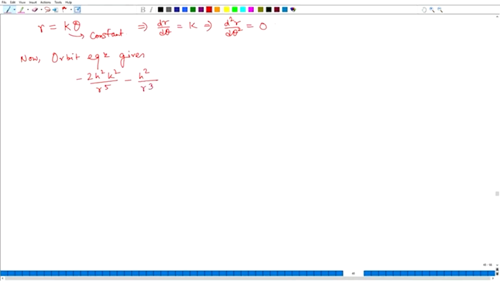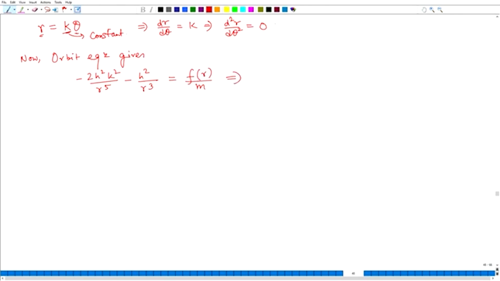You see the expression is not bad, because k has a dimension of length, because theta is dimensionless, this is an angle. So h square, k square and r to the 5 will partially cancel each other to give 1 by r cube, and this is also 1 by r cube. So in that sense this is okay, and this is equal to your f of r by m.